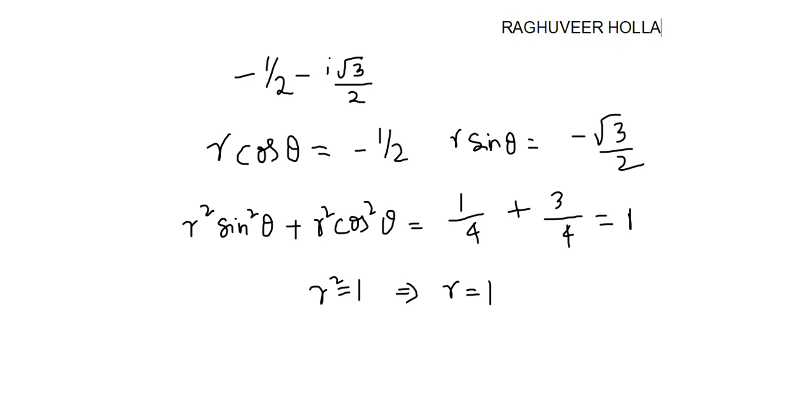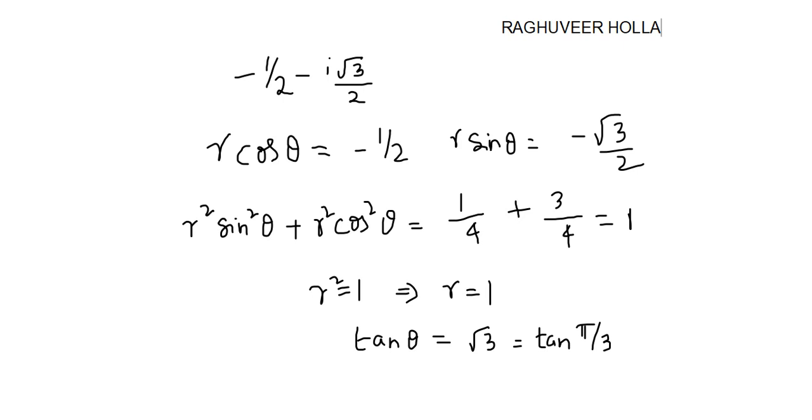Now dividing this, we get tan theta, which is equal to root 3, which is equal to tan pi by 3.